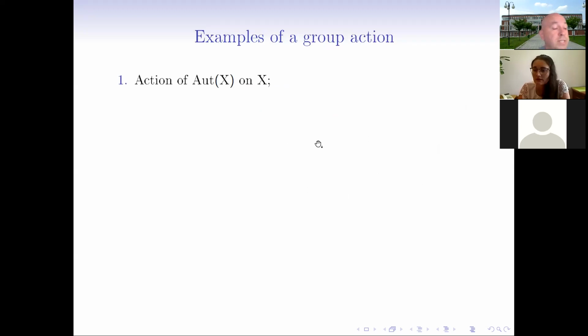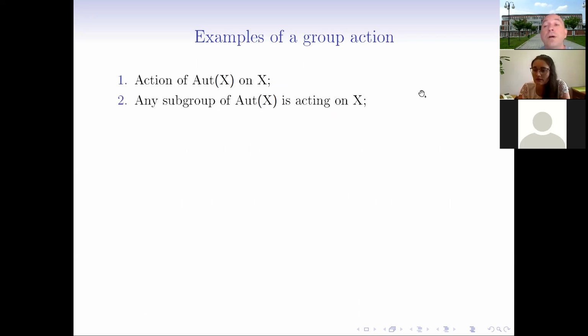Okay, let me give a few examples of group actions. First of all, the automorphism group of X is acting on X, right? Because elements of the automorphism group of X, or the symmetry group of X, consist of bijections, and they are easily acting as they should act.